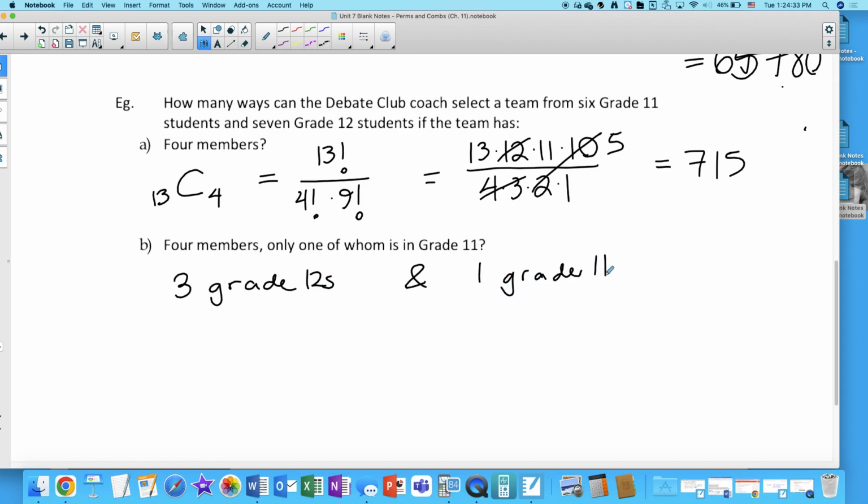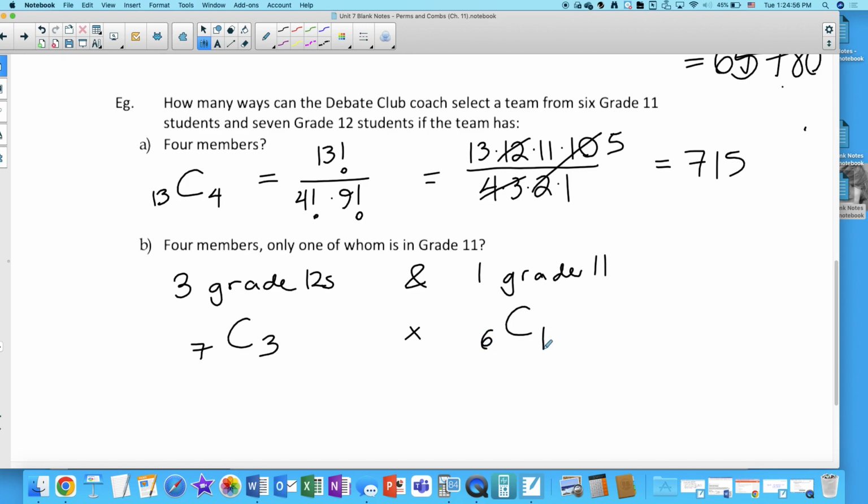If we have 7 grade 12s to work with, how many ways can we make a group of 3? This is 7 choose 3. Then we have to multiply that by how many ways we can choose 1 grade 11 from a group of 6. 6 choose 1.